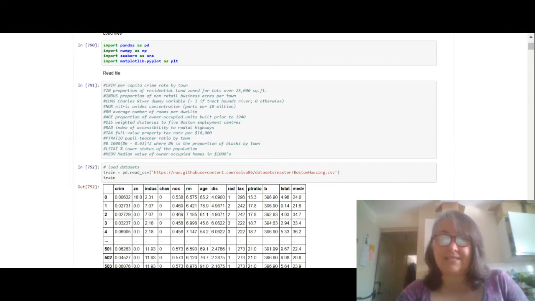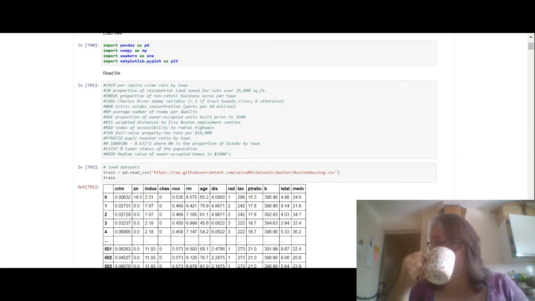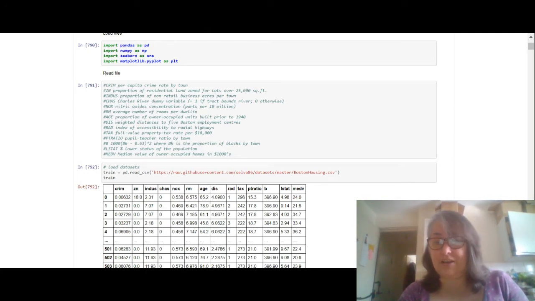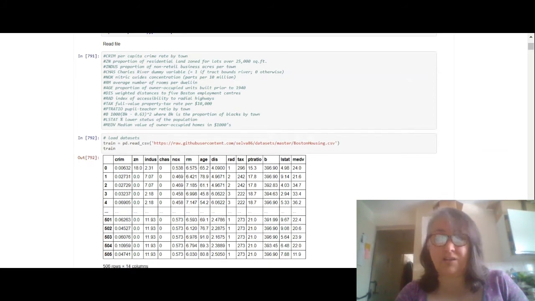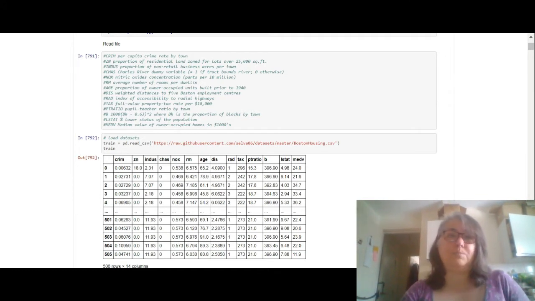I'm really surprised that some of these social justice warriors haven't gotten hold of this data set and demanded that that column be removed. But so far, nobody has demanded that. In addition to the percentage of black people, they also had a column for lower status, which means people who were poor.